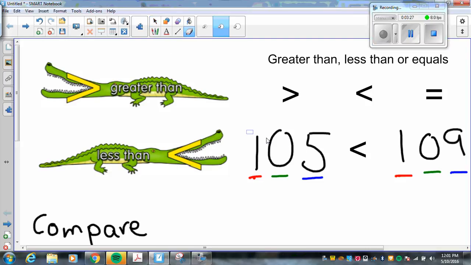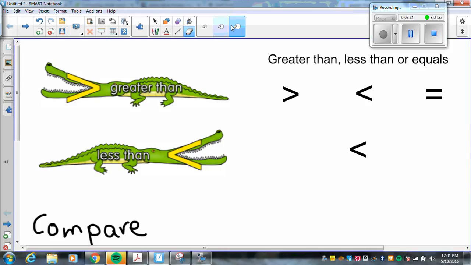Now, what if we had a number that looked like this? Let's get rid of those and get rid of that. What if I had this number? I'm going to go into 4 digits now.